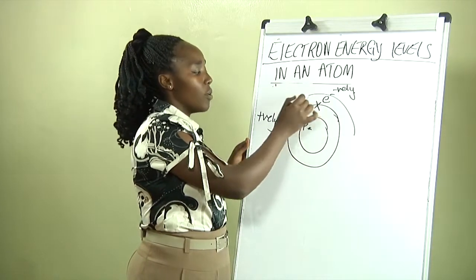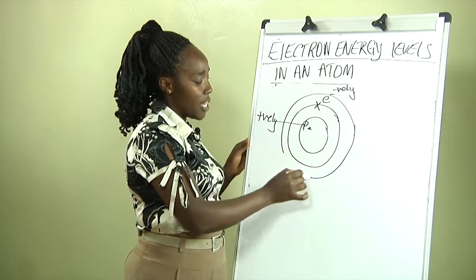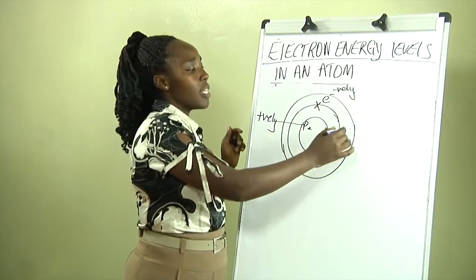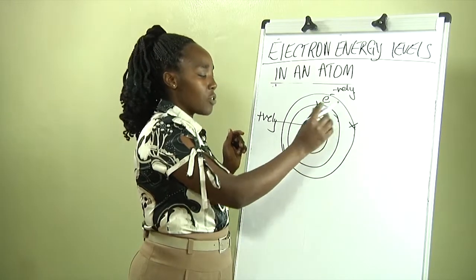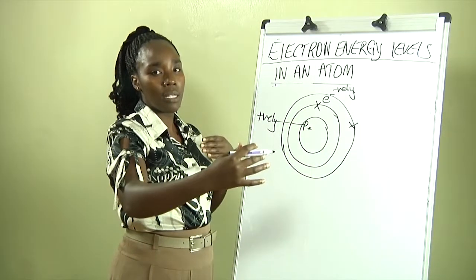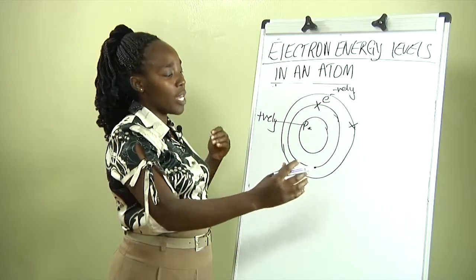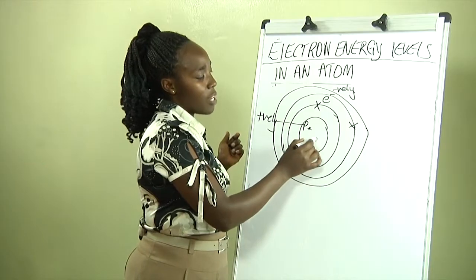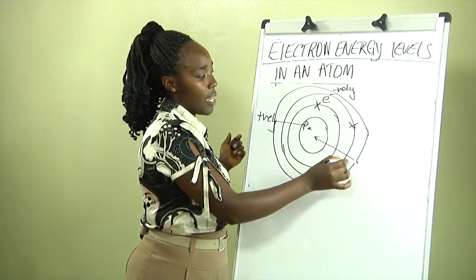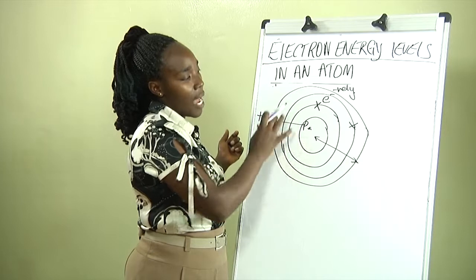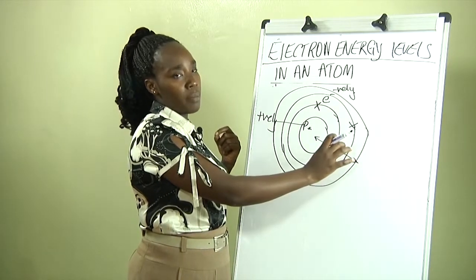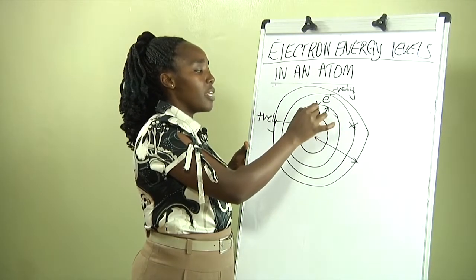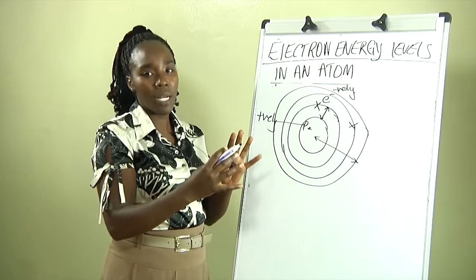As we move on in the atom, having other shells or energy levels, the attraction force between the outermost energy level electrons and the protons becomes weaker as the atomic structure increases. If our atom is that large, the force of attraction becomes less. The attraction force between the first energy level and the nucleus is much, much stronger.